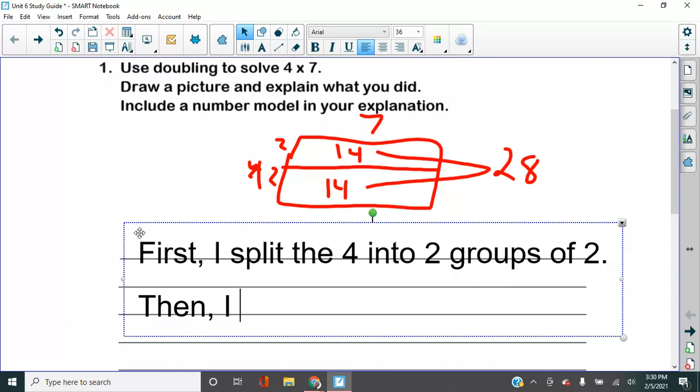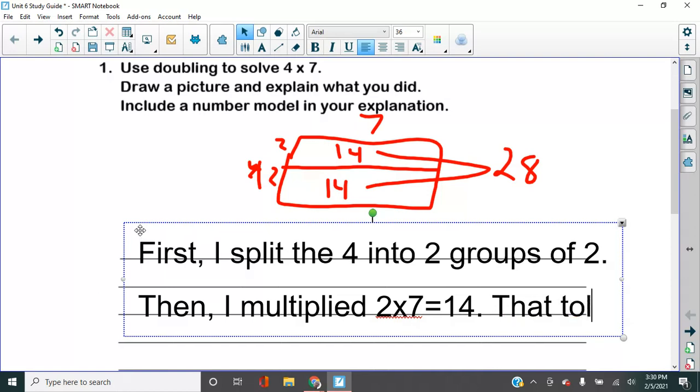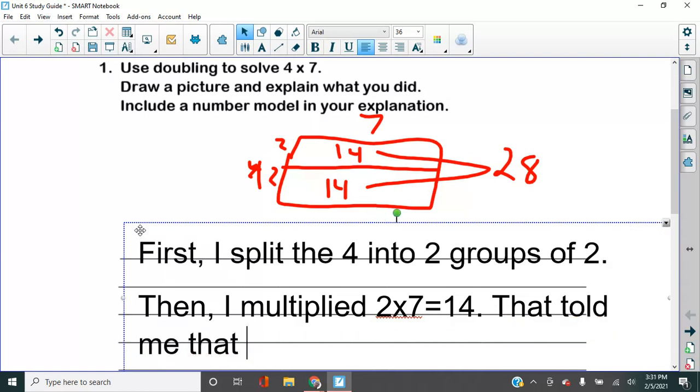Then I multiplied 2 times 7 equals 14. That told me that, here's our number model of the main one, 4 times 7 equals 28, right?